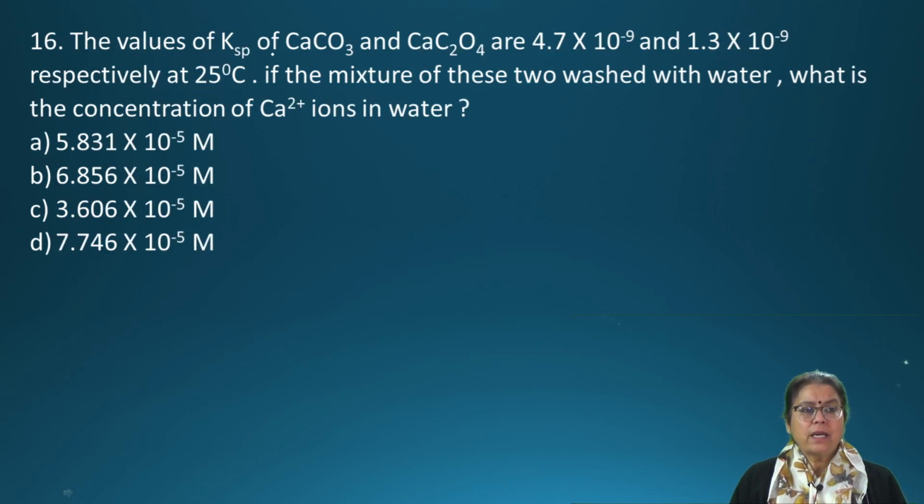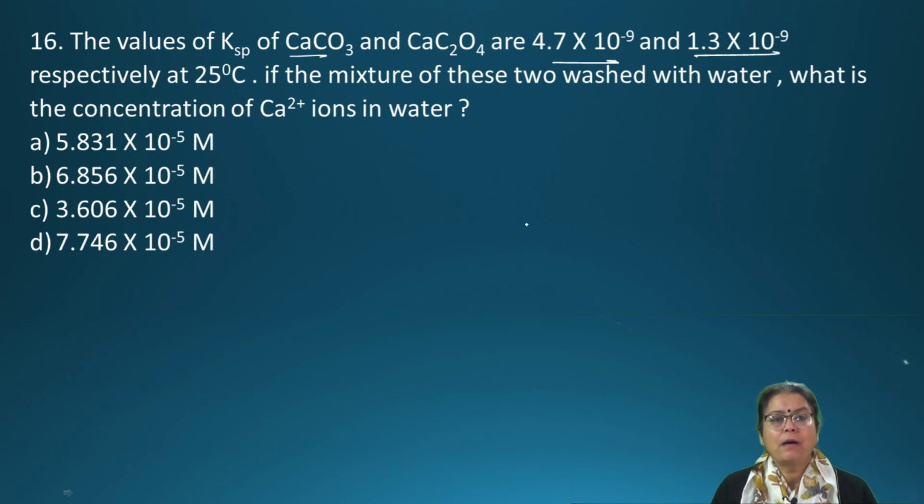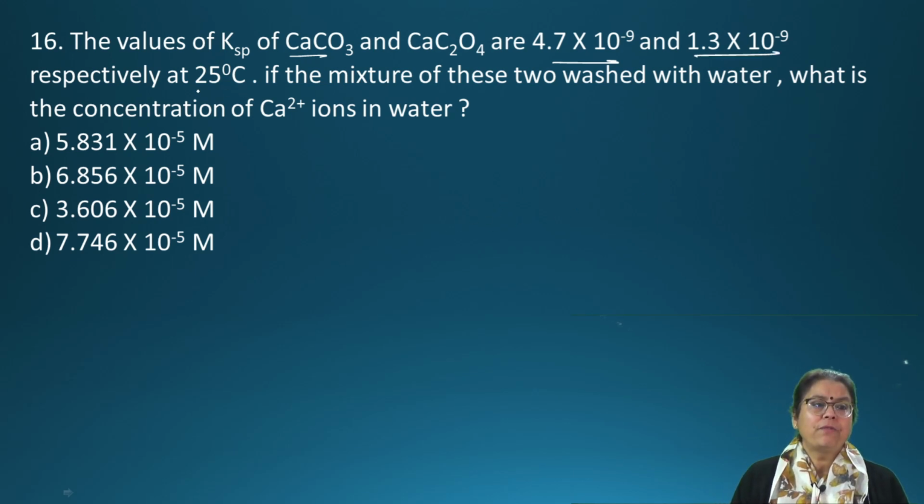The values of KSP for calcium carbonate and calcium oxalate are 4.7 into 10 raised to power minus 9, 1.3 into 10 raised to power minus 9 respectively at 25 degrees centigrade.